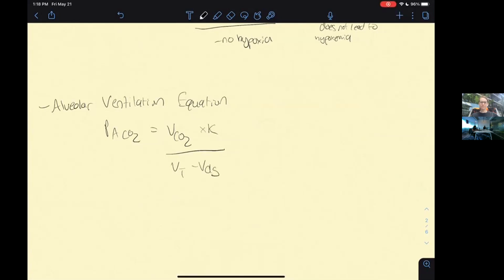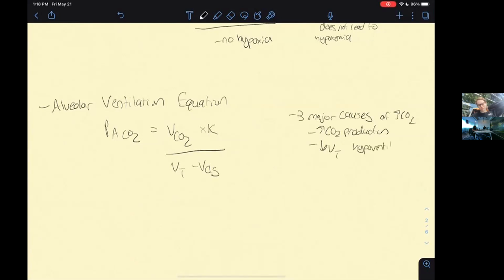The three major causes of increased CO2 in your blood are increased CO2 production, decreased VT, so hypoventilation, or increased dead space.